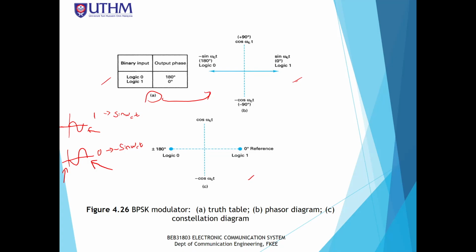So that means we have only two possibilities, 0 degrees and 180 degrees. If you see this phasor diagram, this is what we call a four quadrant diagram. We have four quadrants: 1, 2, 3, 4.